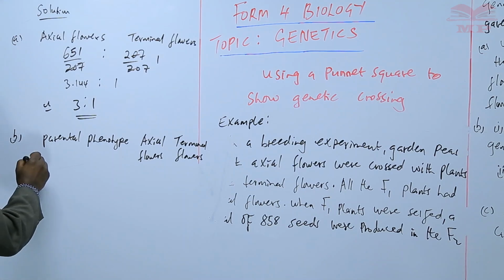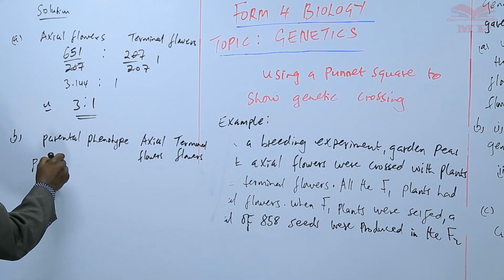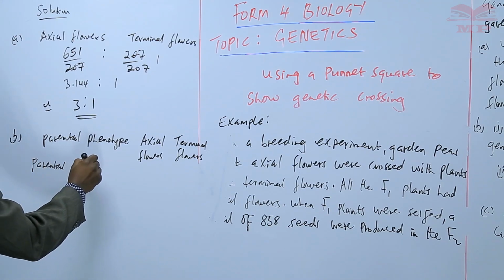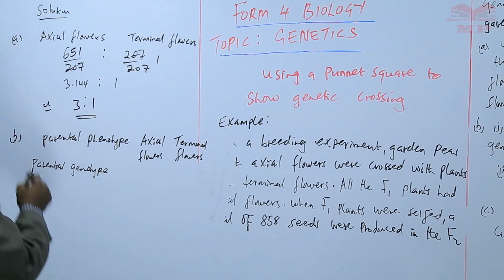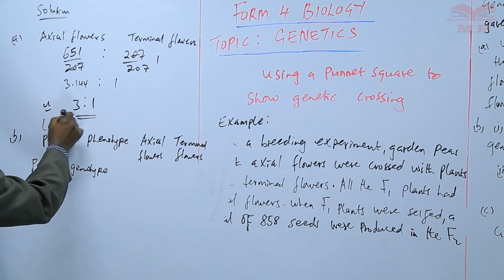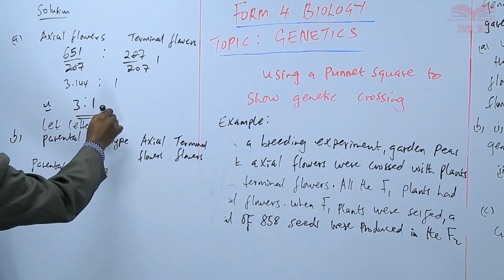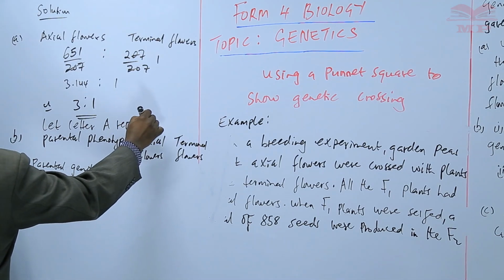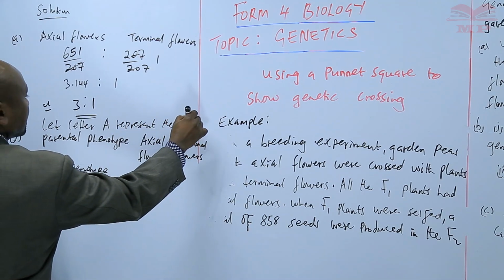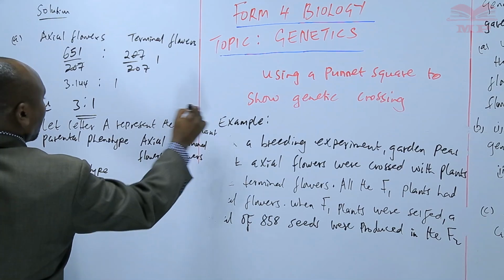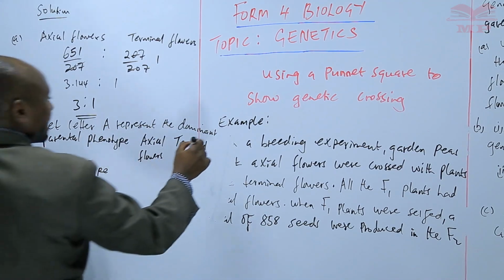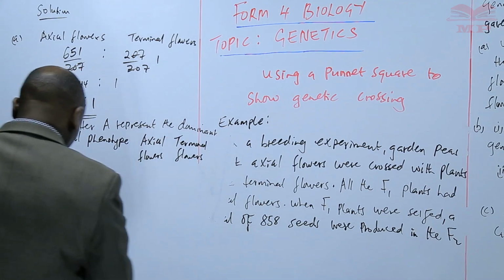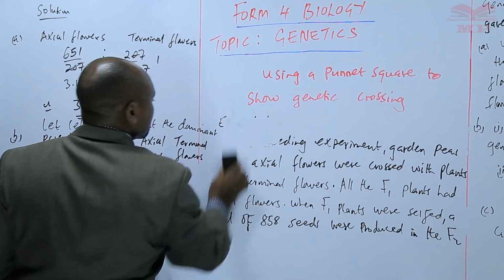Then we go to the parental genotype. So we can say let letter A represent the dominant allele.